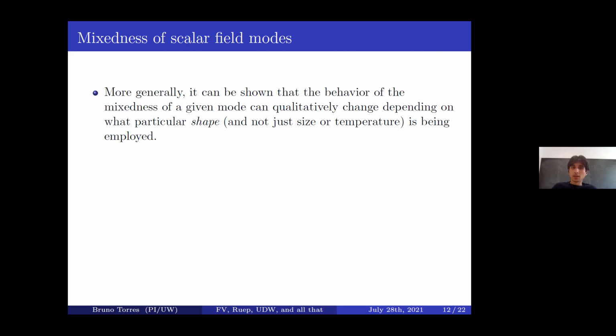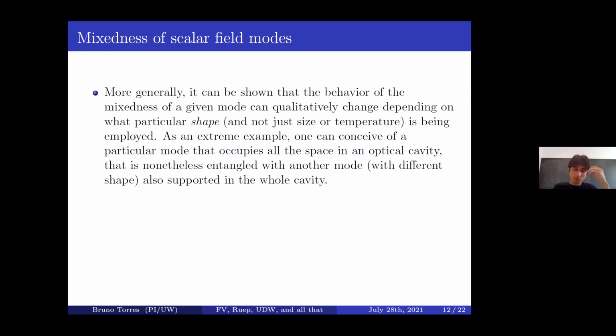As an extreme example, something that is particularly easy to imagine is a mode that occupies the whole space in an optical cavity, which we know can be given by a pure state if you're talking about the vacuum, for example. But you can pick such a mode that is nonetheless entangled with another mode that's also supported in the whole cavity with some potentially different shape.